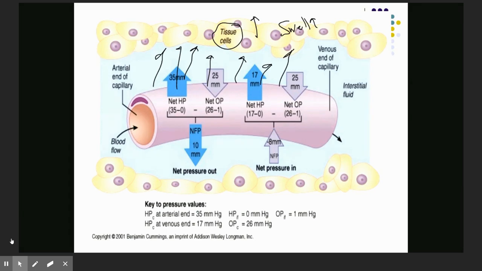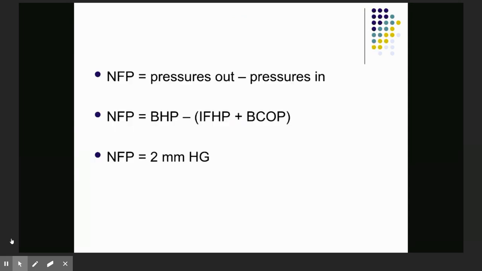So something has to pick up this excess fluid and move it back to the circulatory system. Something has to do that. Well, what does it? There's our net filtration pressure. Again, more fluid leaks than is reabsorbed.